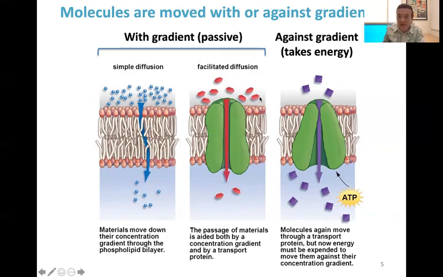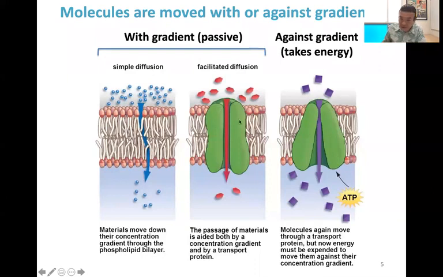Another example is, what if you have things that are in high concentration on one side and low on the other, but this molecule over here, this red molecule, maybe is too big to just make its way through the lipid bilayer by itself, right?